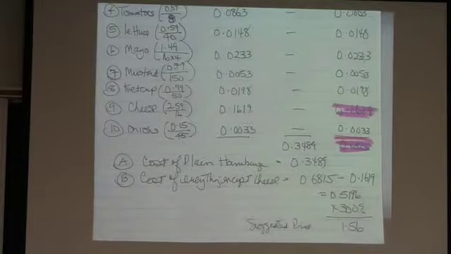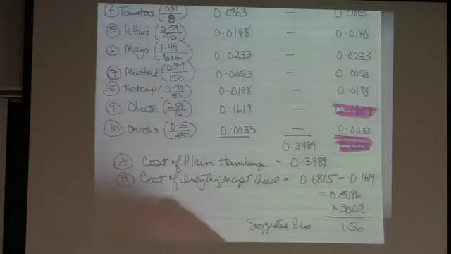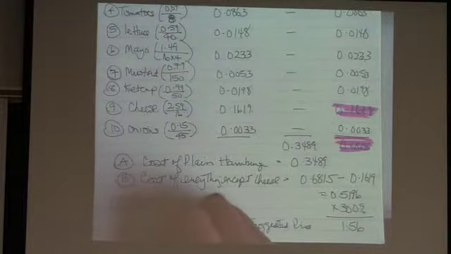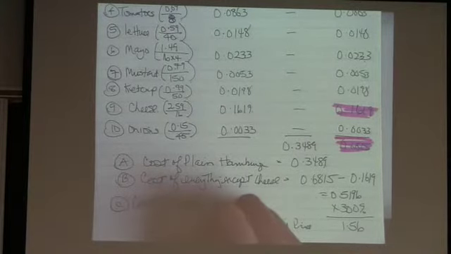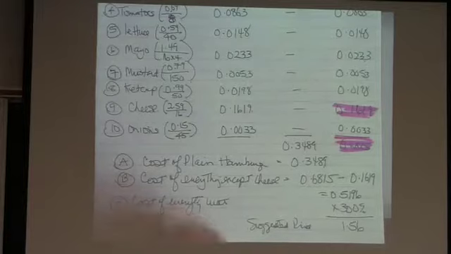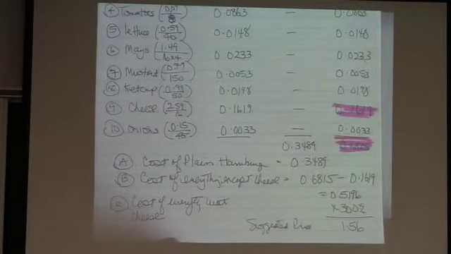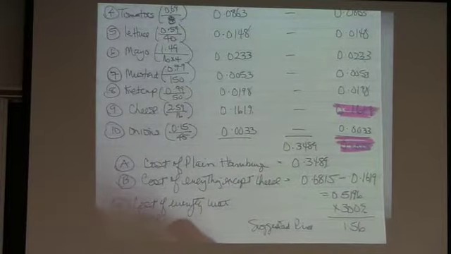Now, what about if we sell everything? So let's look at the cost of everything with cheese. It would just be 0.6815 times 300%, right?